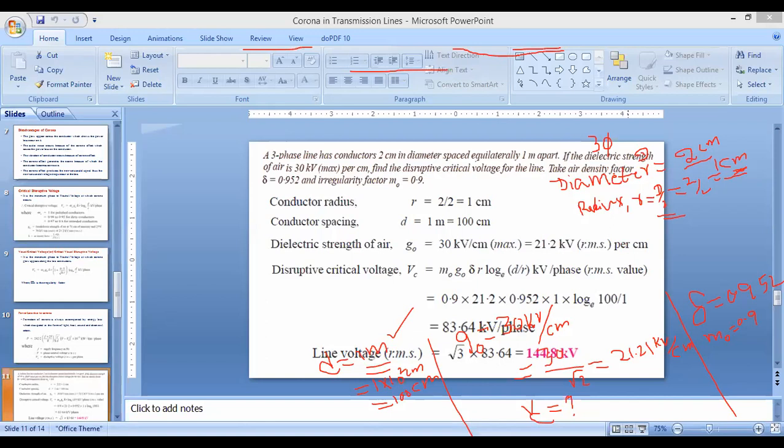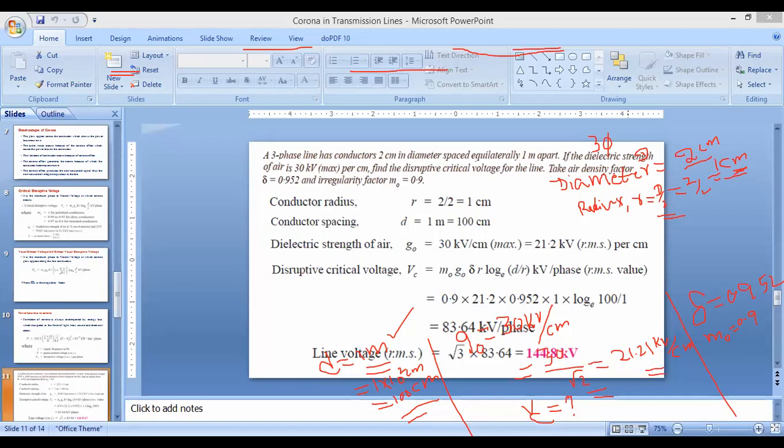Here we are converting the spacing d into centimeter, that is 1 into 10 square centimeter, that is 100 centimeter. The dielectric strength of air is 30 kV, that is G0 equal to 30 kV per centimeter, represented in RMS value as 30 by root 2, 21.21 kV per centimeter.